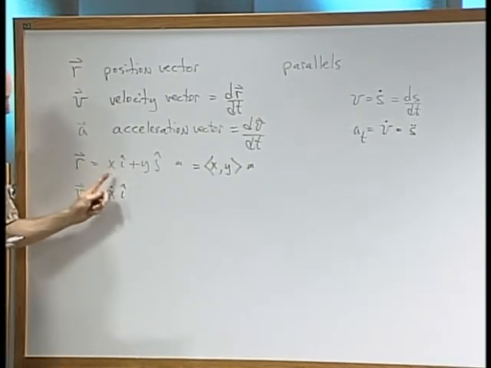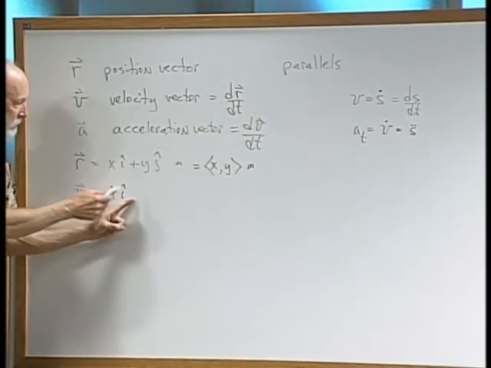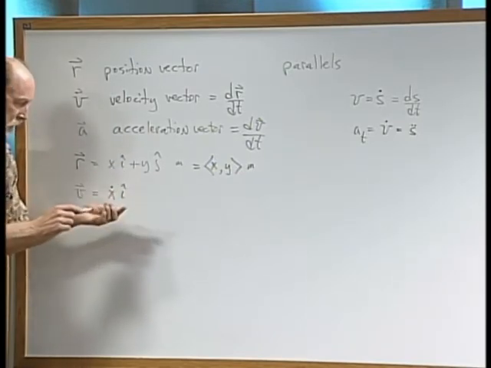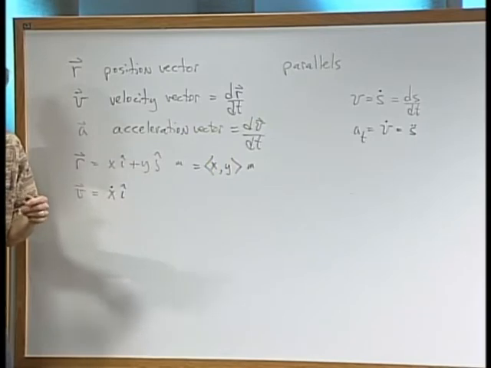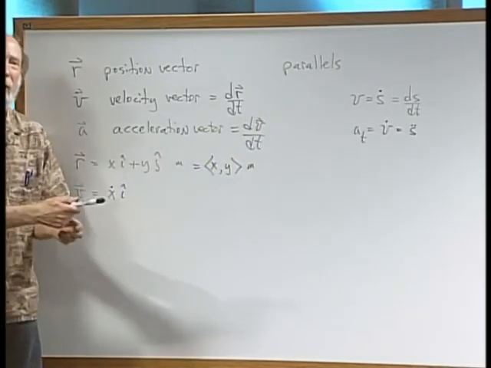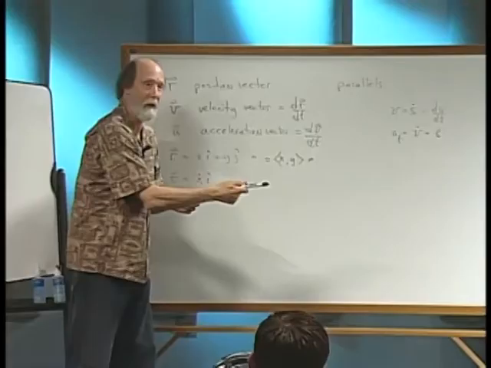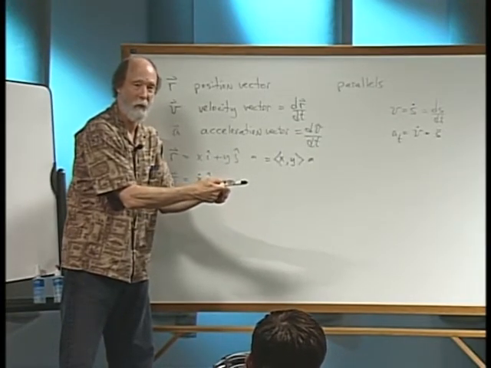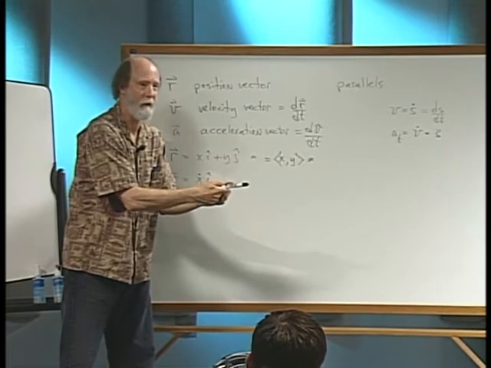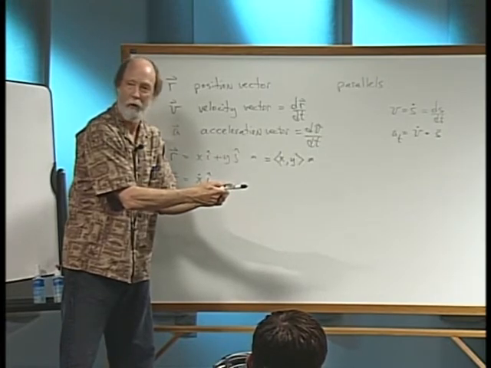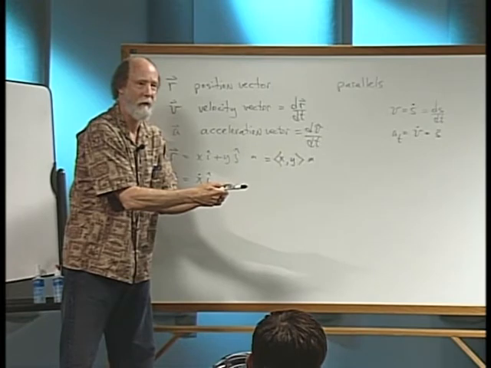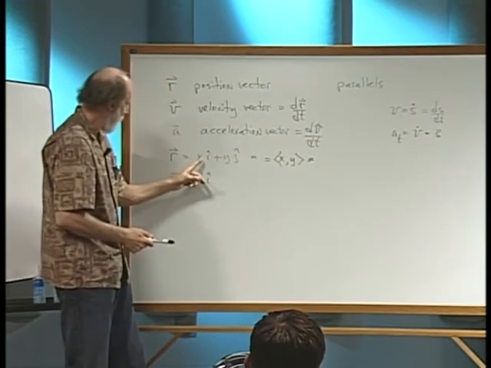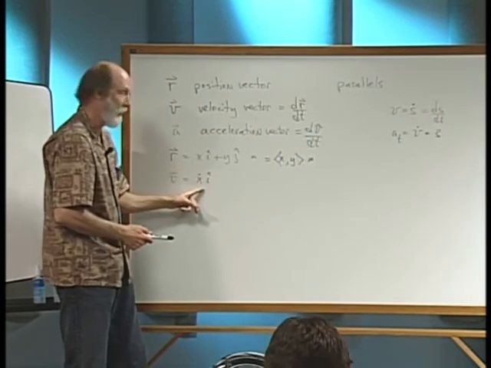By our product rule, we would add to this x times the time derivative of i hat. Now, i hat is always pointing in the x direction. What's its magnitude? 1. Does its direction change at all over time? No. So its time derivative is 0, flat out 0. That's nice. That makes the time derivative of this first term just this.